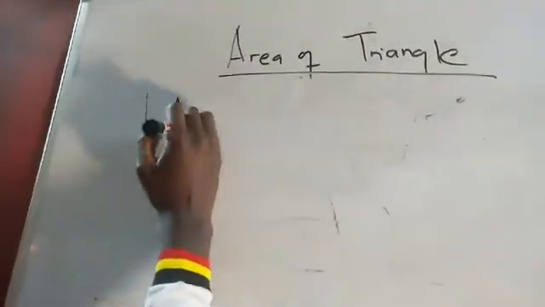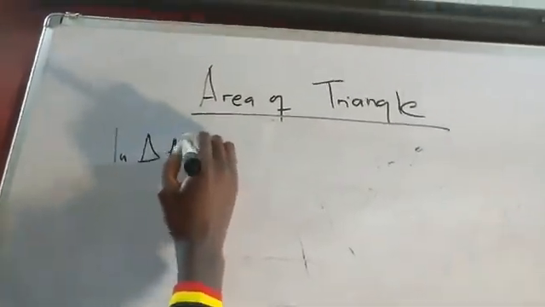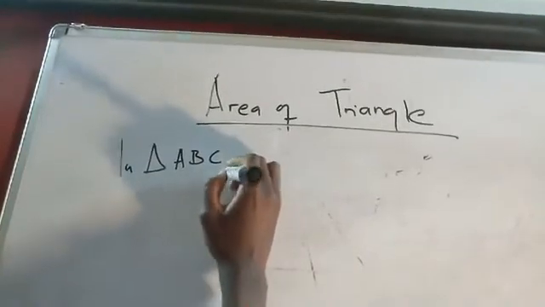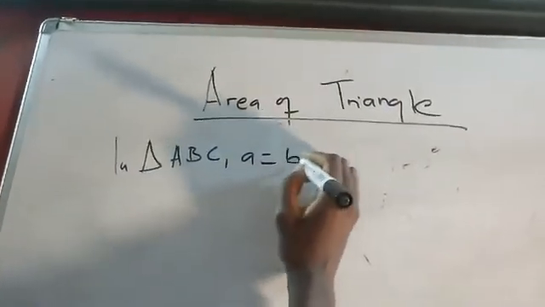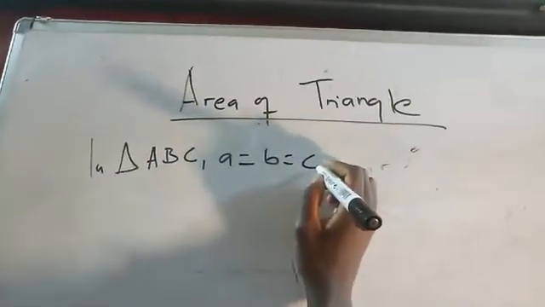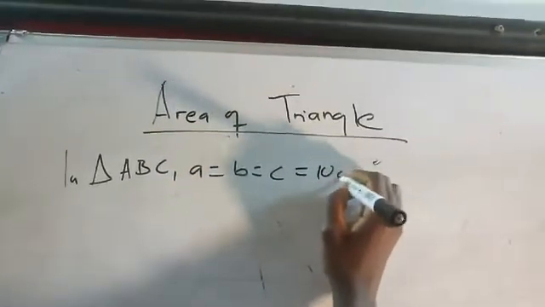In a triangle ABC, A is equal to B, and B is equal to C, and C is equal to 10 centimeters.